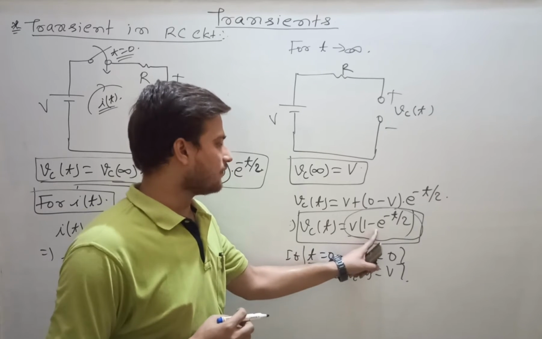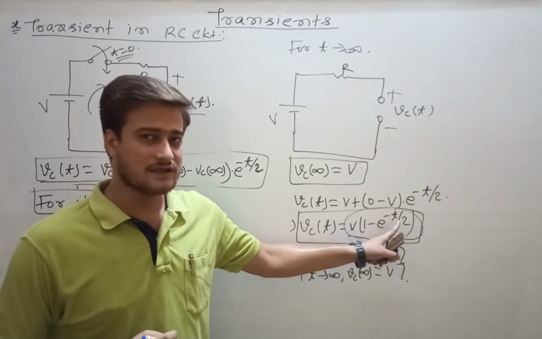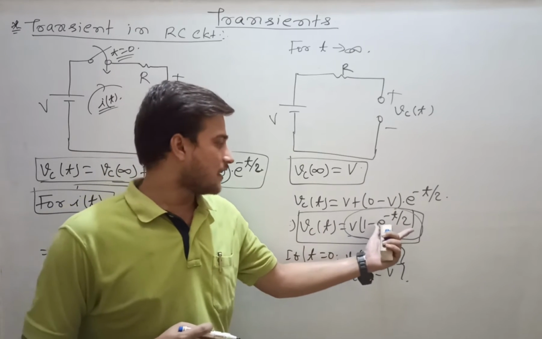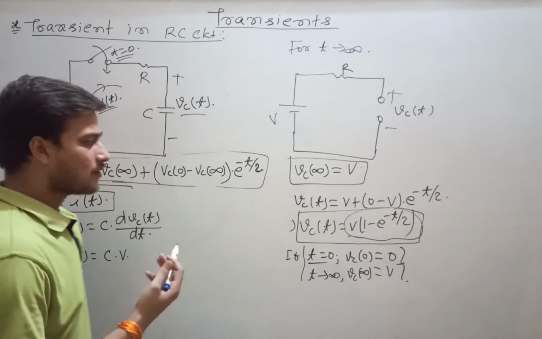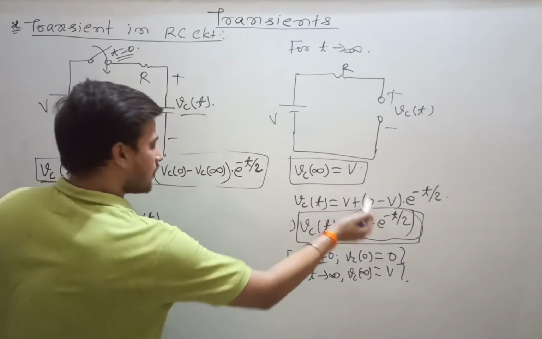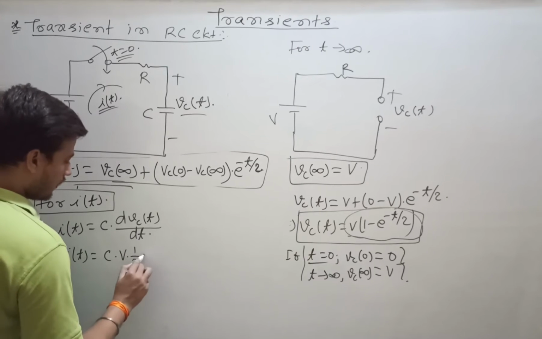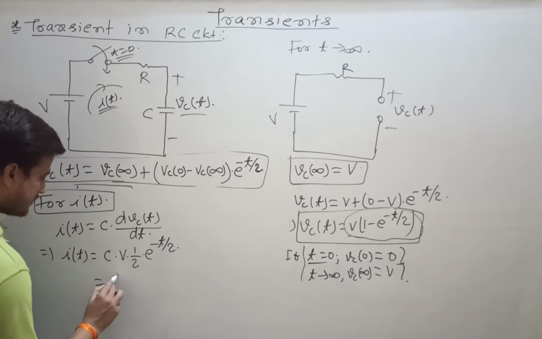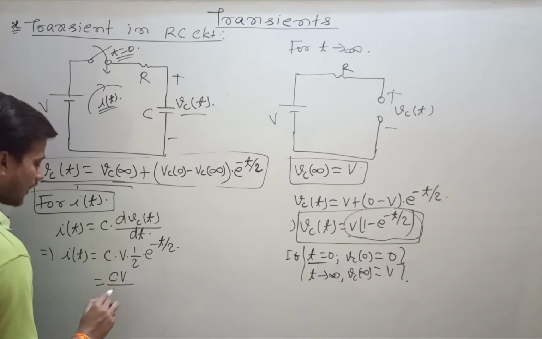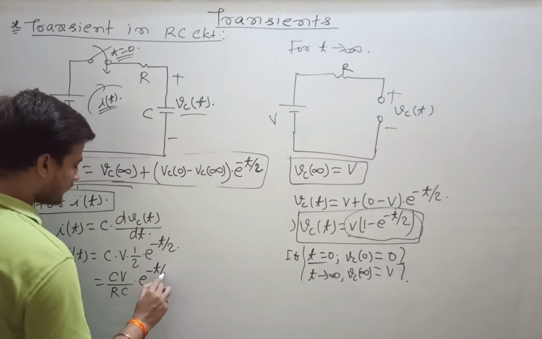Here it is negative, this sign is already negative. Now the derivative of e to the power minus t by tau will be minus e to the power minus t by tau into 1 by tau. So minus minus will become plus, and here it will be 1 by tau into e to the power minus t by tau. So CV divided by the time constant, which is RC, into e to the power minus t by tau.